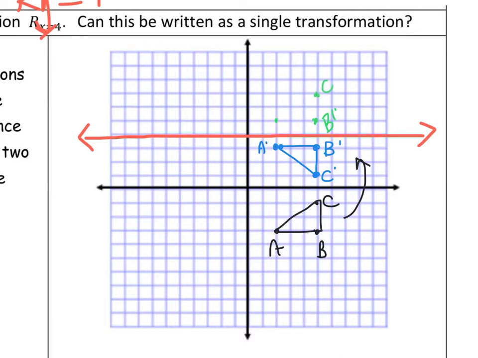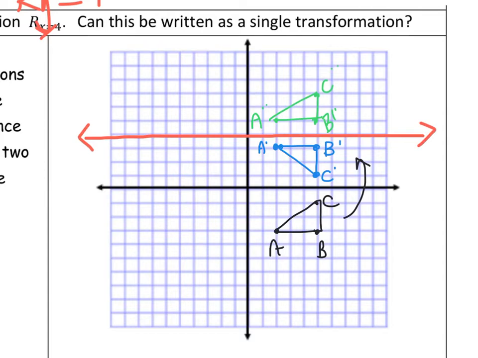Here's C, and here's A. So the conjecture says that a composition of two reflections over two parallel lines, and again our two parallel lines are the x-axis and y equals 4, is equivalent to a translation. Can we write this as a translation? We reflected it once, we reflected it twice, but this is equivalent to one translation of, in this case, 1, 2, 3, 4, 5, 6, 7, 8.